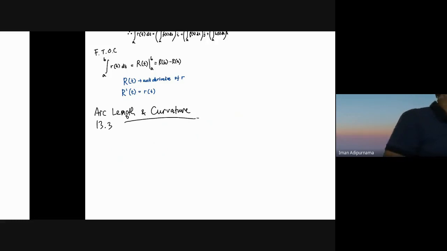So it's 13.3, arc length and curvature. Arc length you probably have learned before, right?